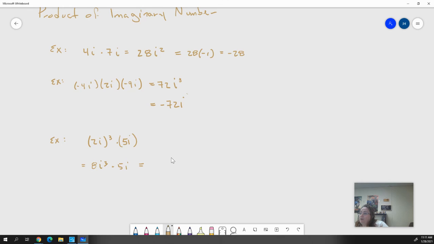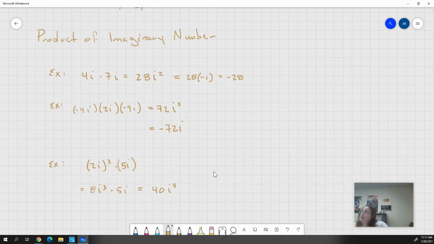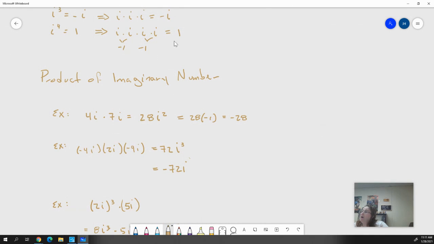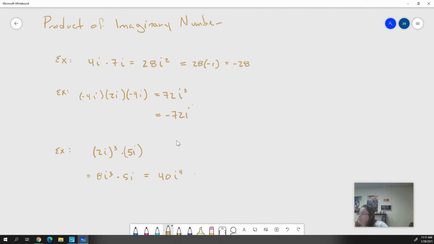We'd go 8 times 5 is 40. i cubed times i is i to the fourth power. That's like saying i squared times i squared, negative 1 times negative 1, right? And if you remember correctly, i to the fourth power just equals 1, because negative 1 times negative 1 equals 1. And so this solution would just be 40 times 1, which is just 40.